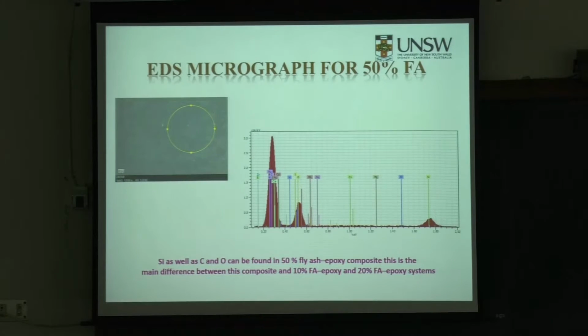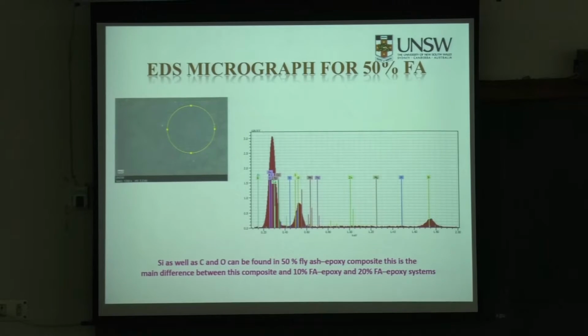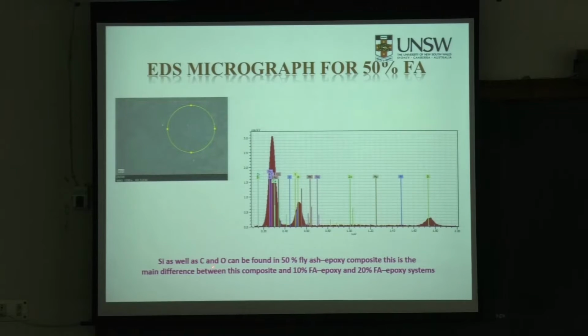Now, going back to the EDS for 50% fly ash composites, silicon as well as carbon and oxygen can be found. This is where you can see in this composite, and this is the main difference between this composite and the 10% epoxy and 20% epoxy system.